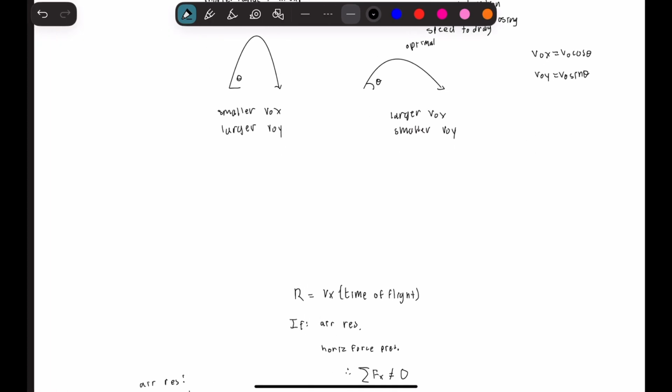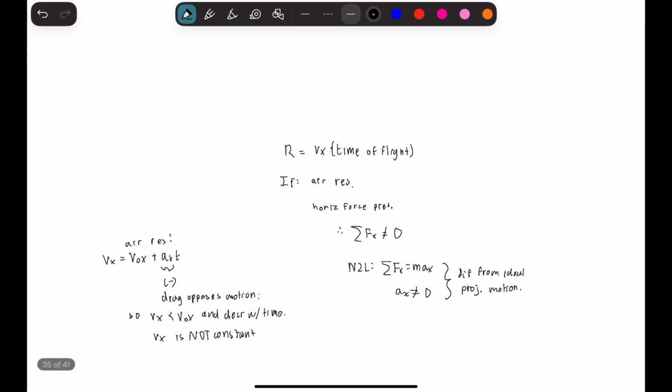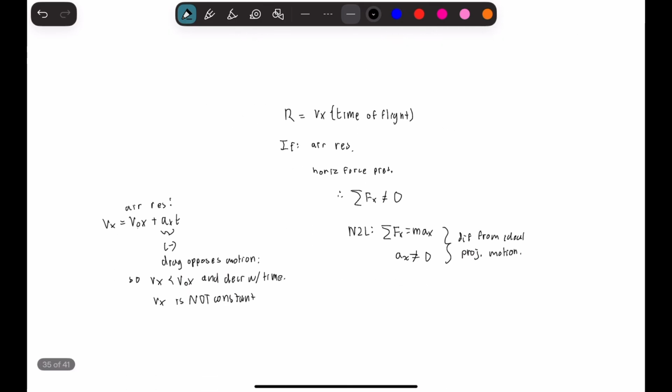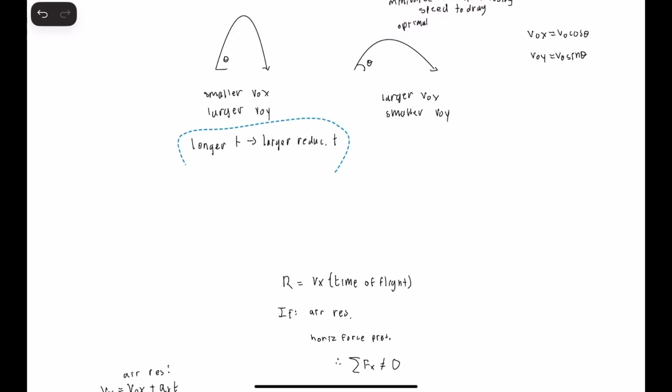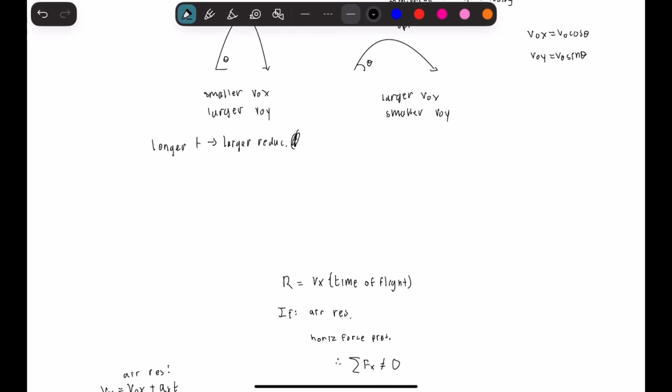So using the same equation, Vx is equal to V0x plus ax t, a longer T means a larger reduction in Vx.